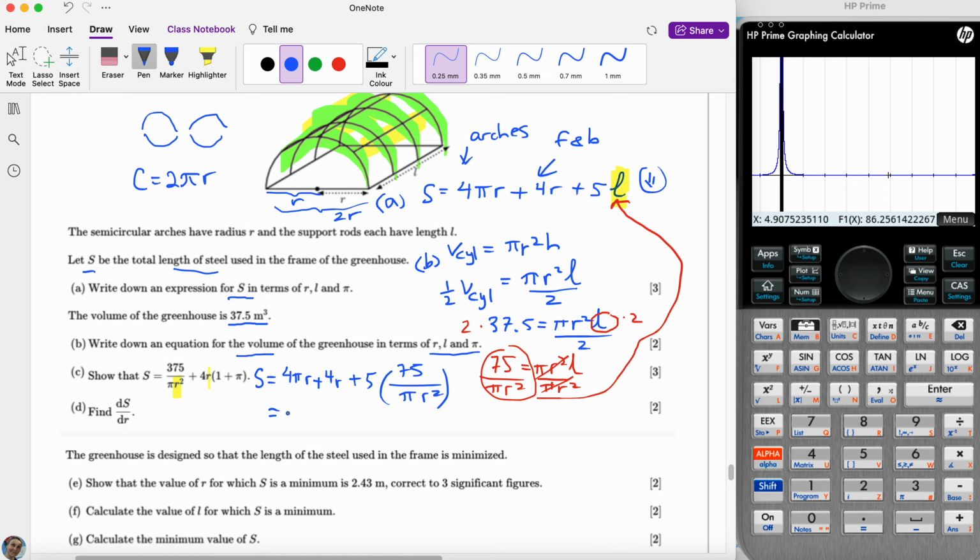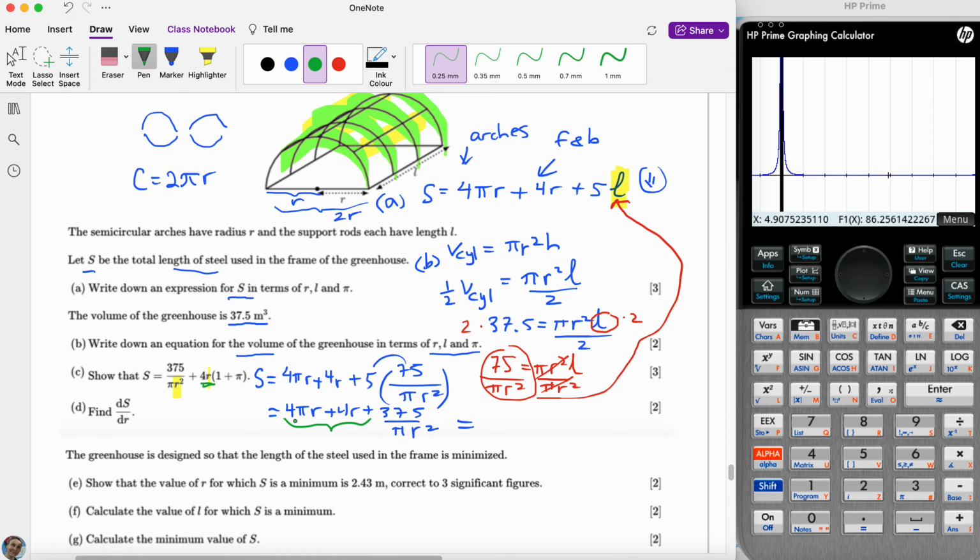This is not bad, because this has been factorized out. So look where we're going with this. This is going to be 4r, and then 5 times 75, and you'll see that it's indeed 375. We've got the pi r squared on the bottom, so we're happy little campers. The only thing that's different, and you would need to make this step as well, is remember your common factoring.